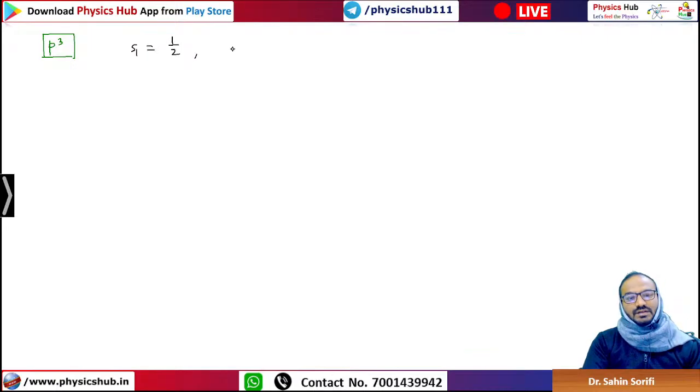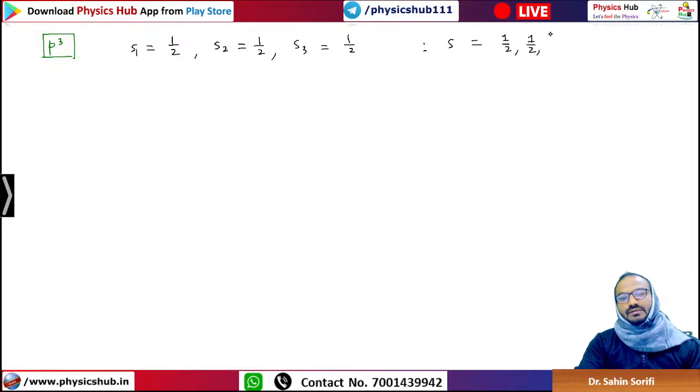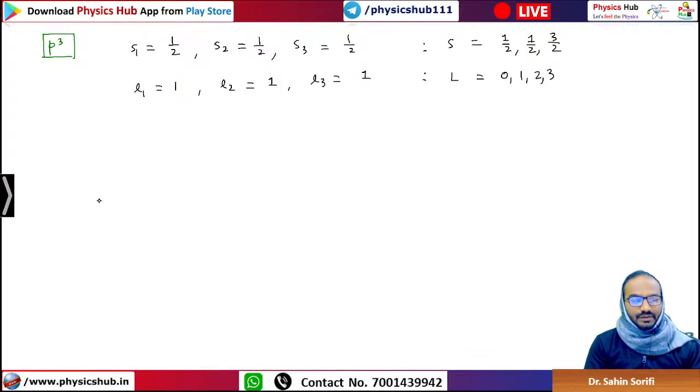Currently, we are discussing equivalent electrons. s1, s2, s3 are all half. Correspondingly, we will get the values of S as half, half, 3 by 2. L1 is 1, L2 again 1, L3 again 1, and we will get the L values 0, 1, 2, 3.